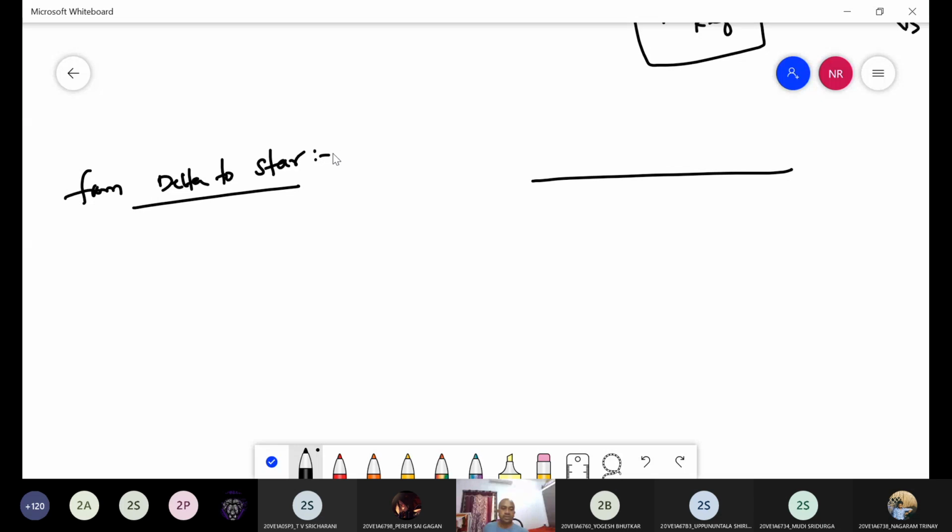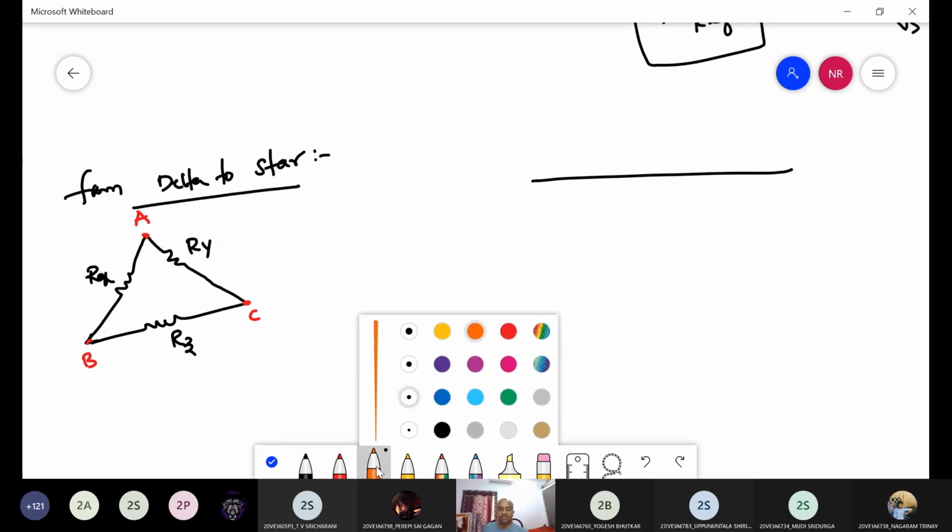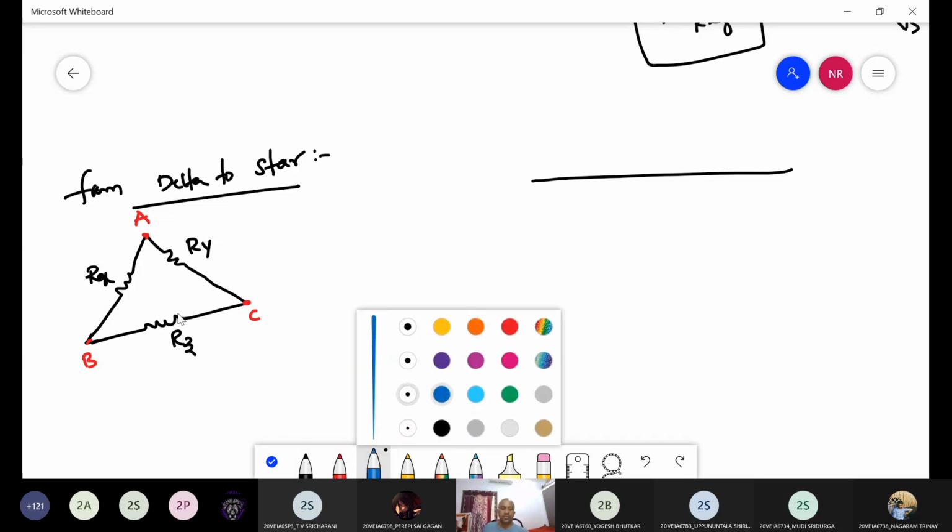From delta to star, so these are the delta values, Rx, Ry, Rz. The points are the same: A point, B point, C point. So now I'm going to make the new values, those are star.